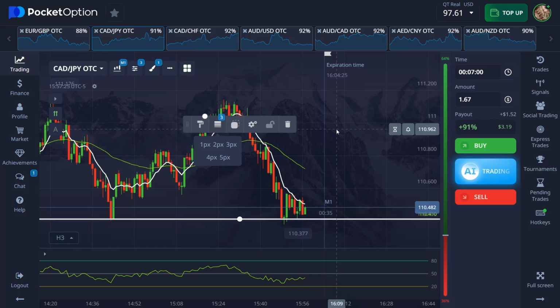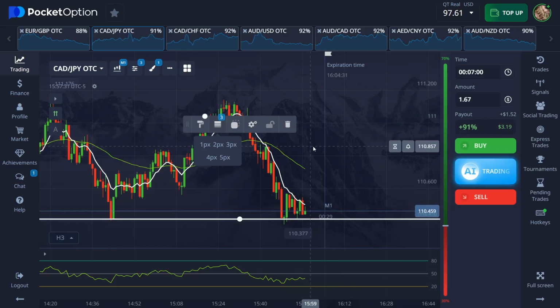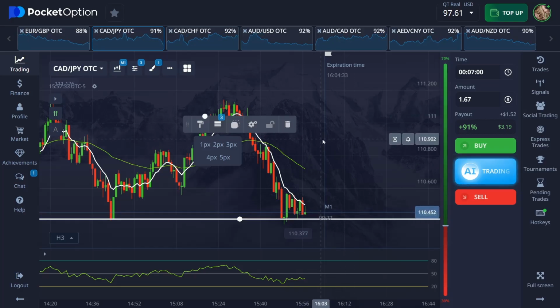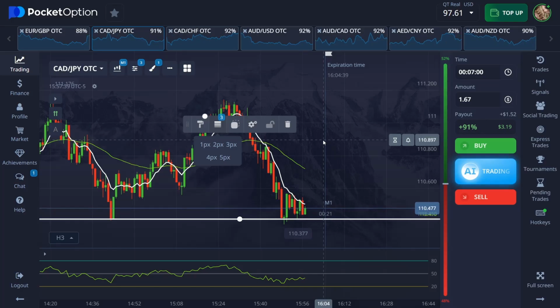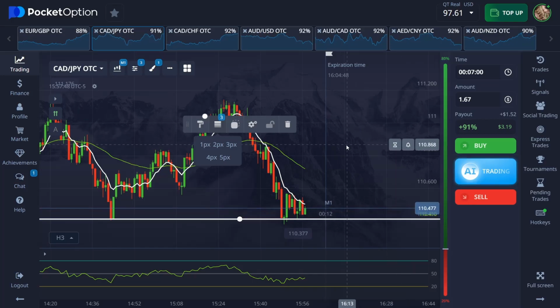guys, Pocket Option is a binary option broker. So basically that's not regular forex. It's true that you're still trading forex, but remember you have binary options. You have the same options.